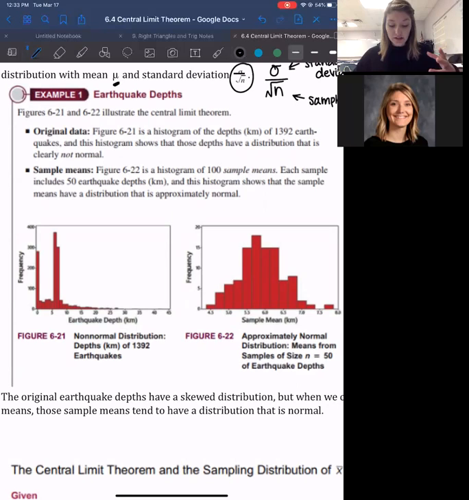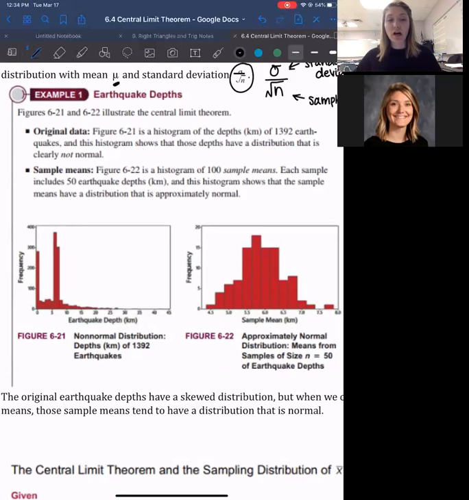But then if you look at the sample means, they're taking a sample and then finding the mean of those and plotting that graph. So this is a histogram on the right-hand side of 100 sample means, and each of those samples has 50 measurements in it. Okay, so you can see that is clearly a little more normal. It's approximately normal as far as that distribution is concerned.